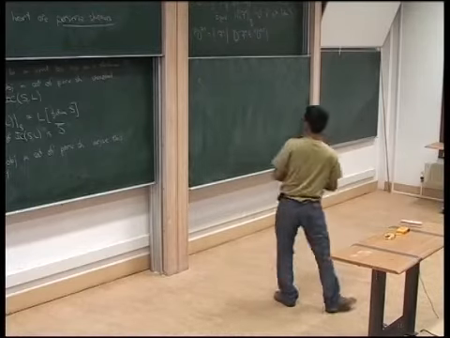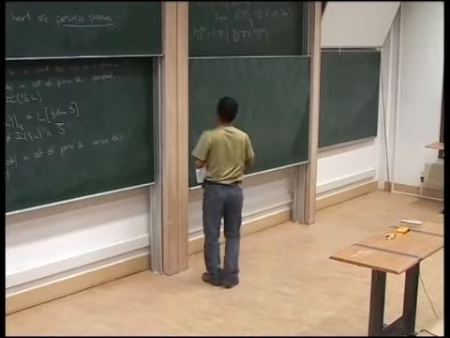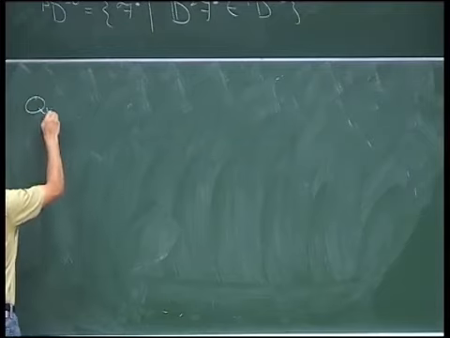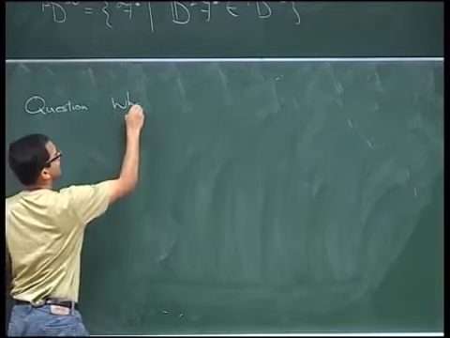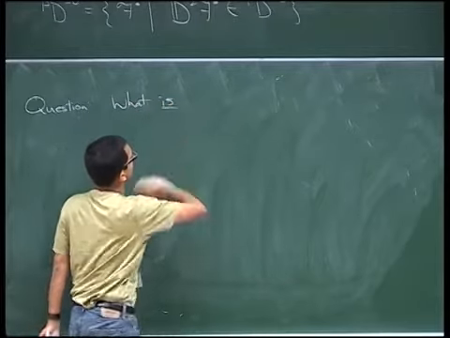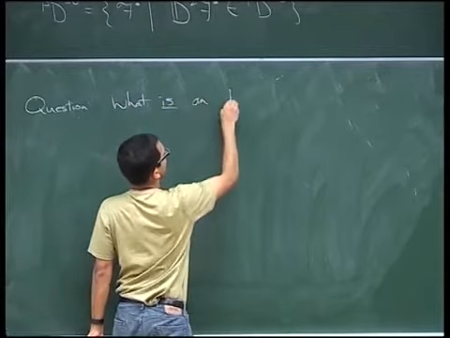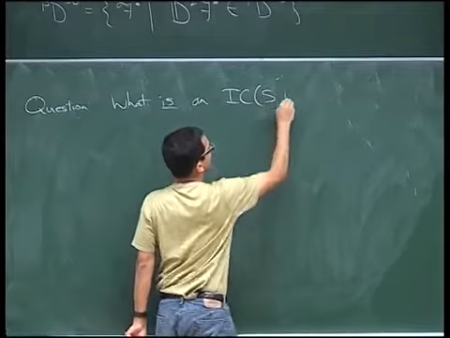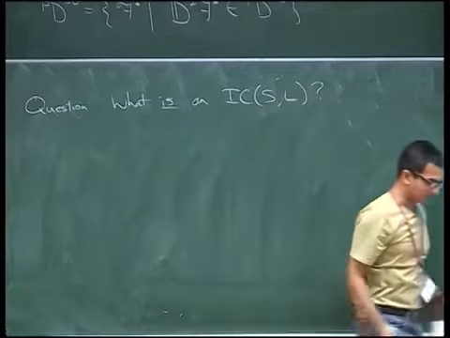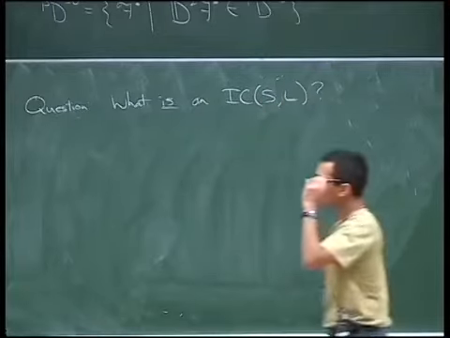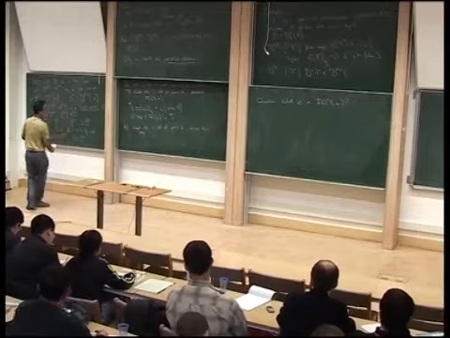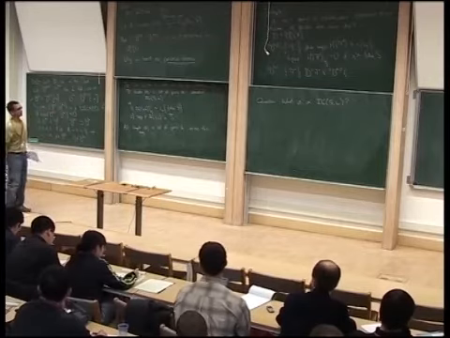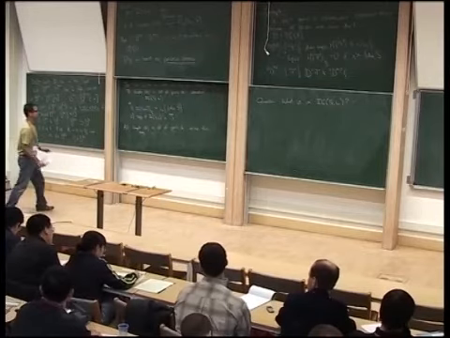So the question is, what is one of these IC objects? I guess I've been talking about a lot of abstract things about T structures and complexes of sheaves with some kind of support conditions.